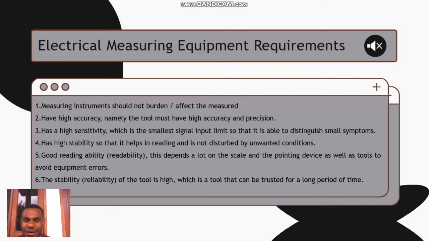Number 5 is readiness of duty. Number 6 is stability over a long period of time.